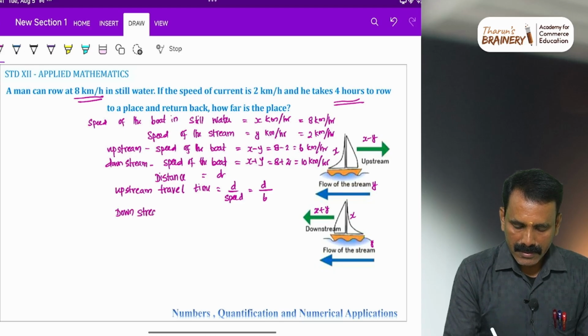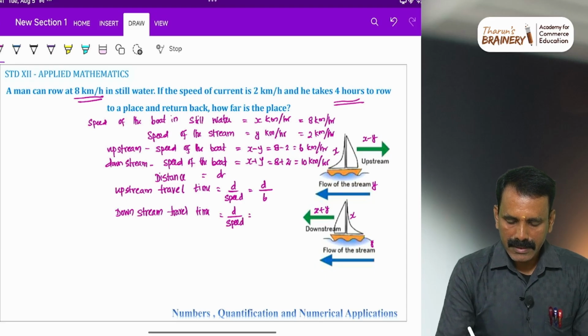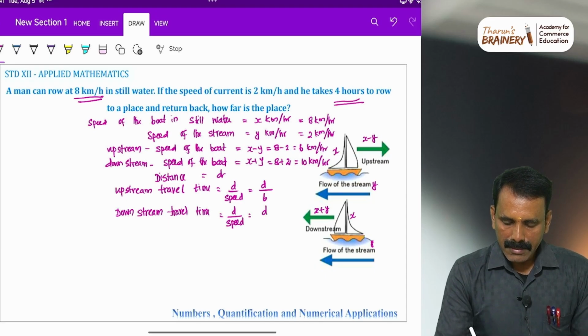Downstream travel time, again it is d divided by speed, that is same distance, but the speed is going to be now 10.